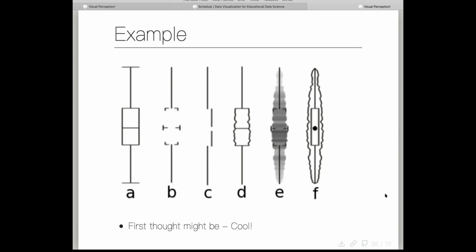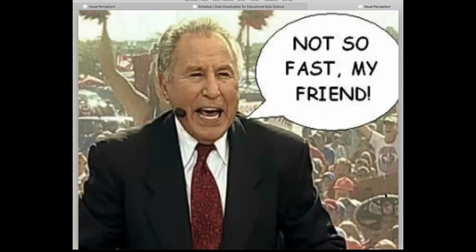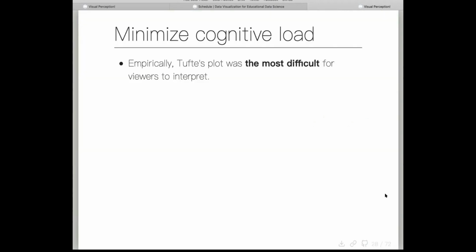So your first thought might be, cool, that's unique, interesting, different. But unfortunately, Tufte's plot was the most difficult empirically for people to parse out. So this led many people to go away from the data to ink ratio.